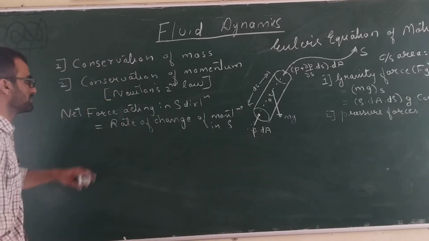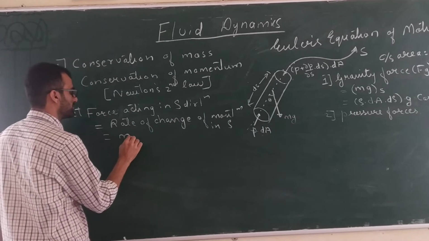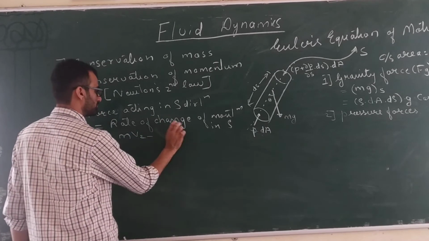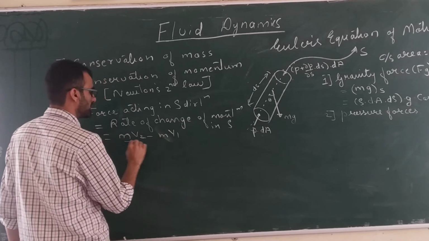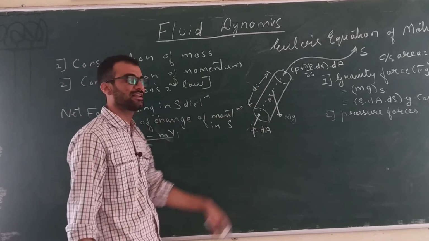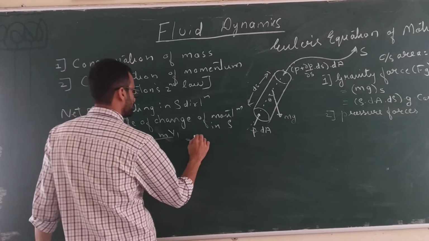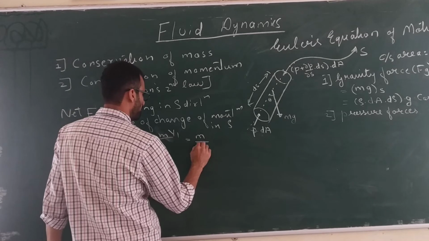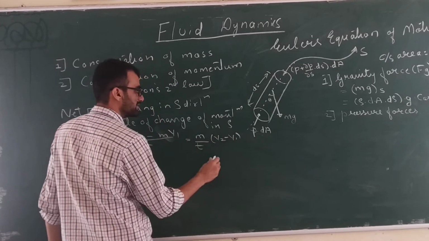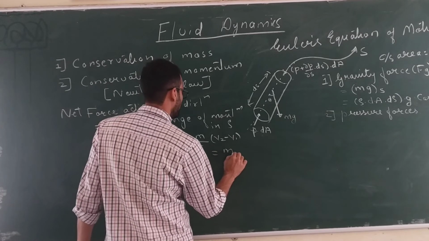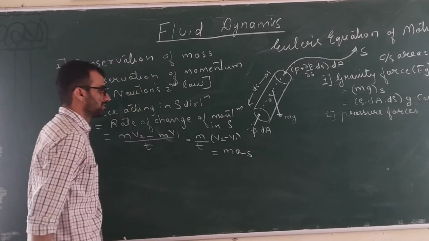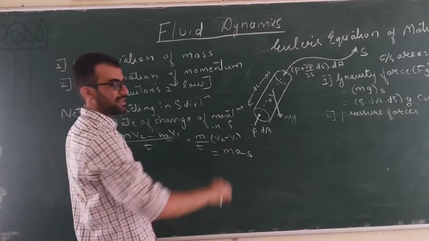So the rate of change of momentum is m into v2 minus m into v1, divided by time. Now here we are considering this fixed cylindrical element. So we have m upon t into v2 minus v1. So v2 minus v1 upon t is nothing but a. So m into a, mass into acceleration in the s direction. v2 and v1 are the velocities along the s direction.